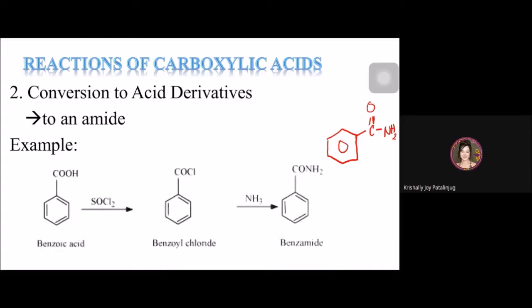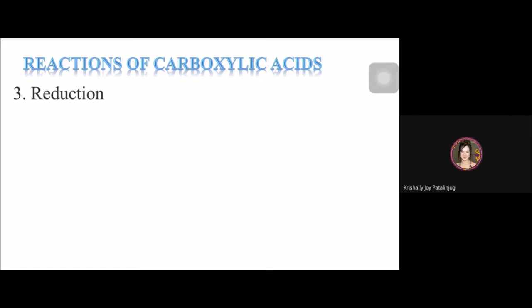Next. The third reaction of carboxylic acid is what we call reduction. In general, reduction is simply the opposite of oxidation. This time, it is all about addition of a hydrogen atom and removal of an oxygen atom.